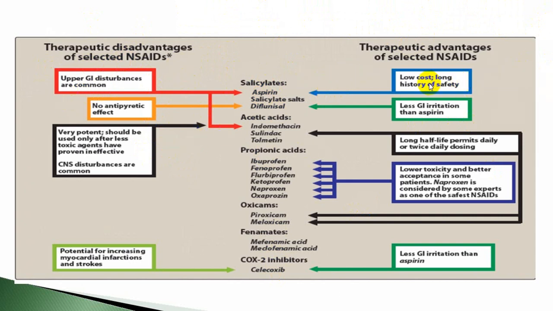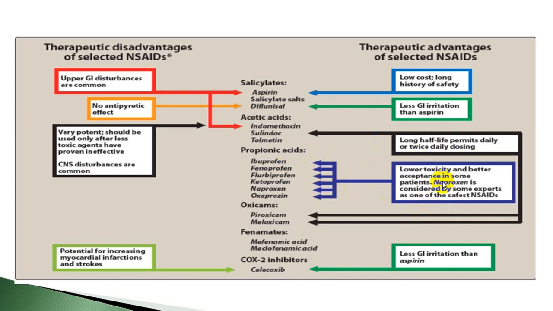Aspirin has got low cost, long history of safety. These are advantages I am putting here. Less GI irritation than aspirin are these salts, diflunisal, flunisal. Then indomethacin has got a long half-life, so once a day is enough.